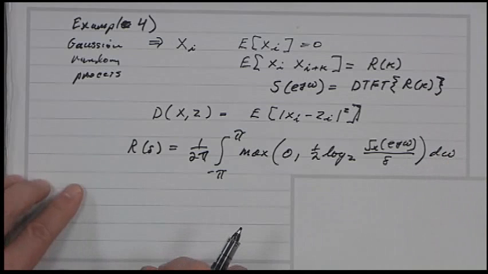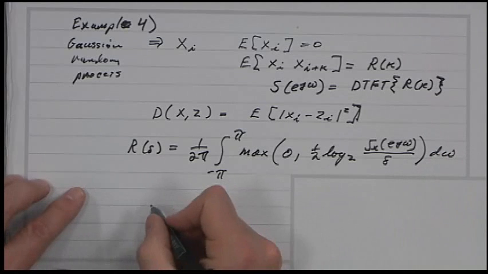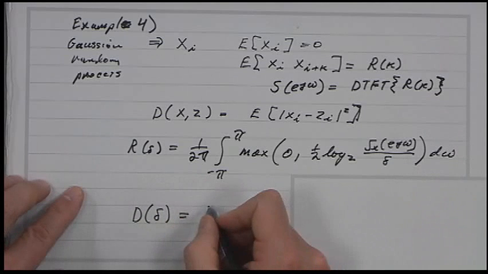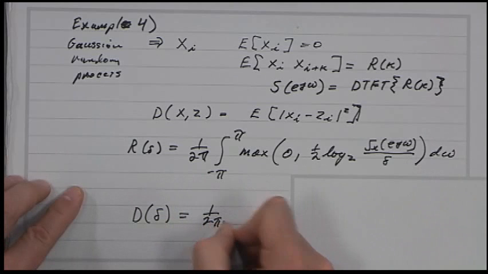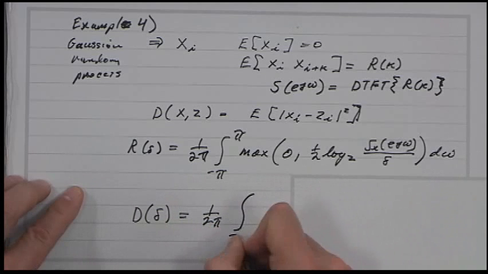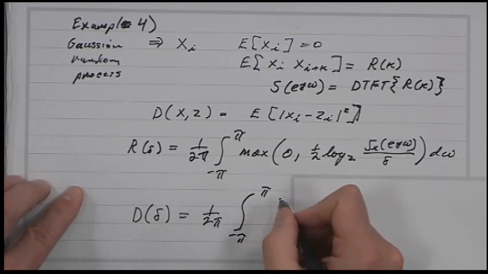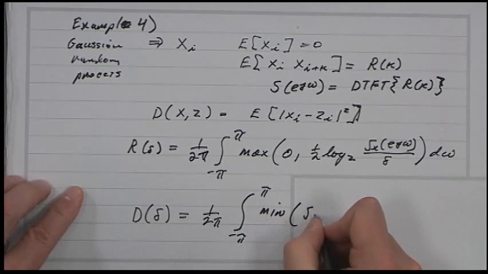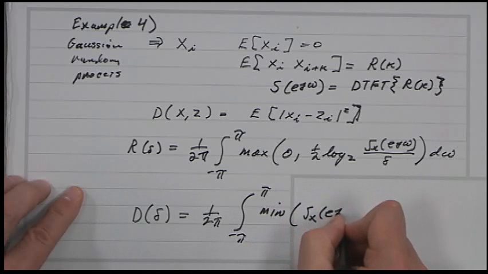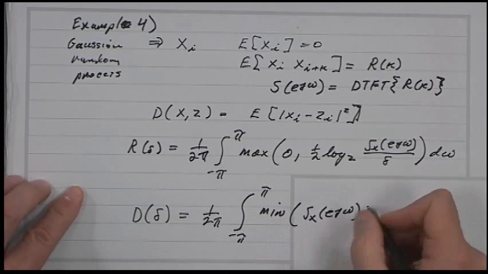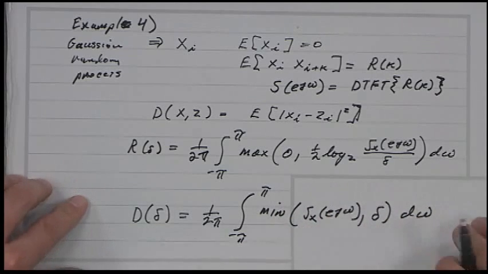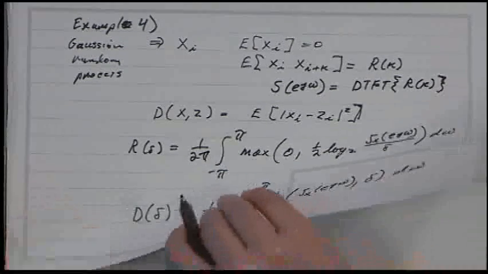So you get an integral now instead of a sum, and the distortion looks like this. Okay, and I have 1 minute, so I have to draw the picture.